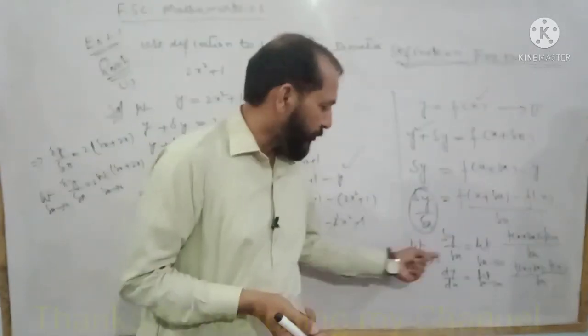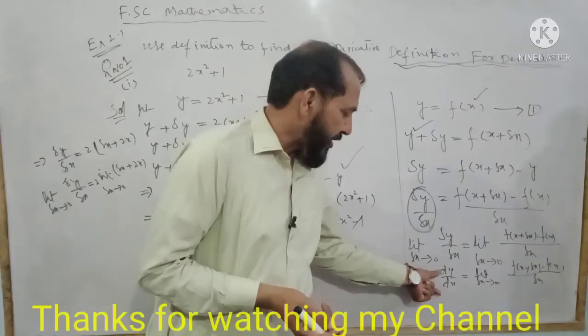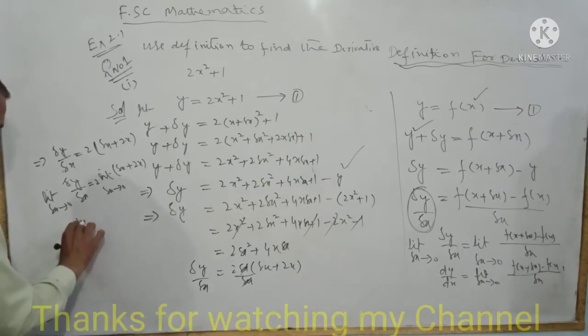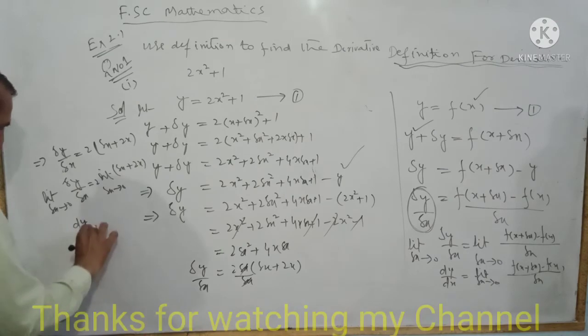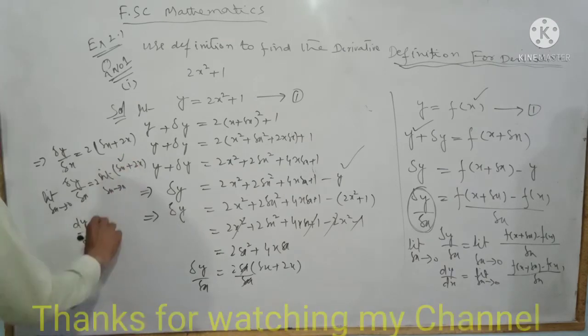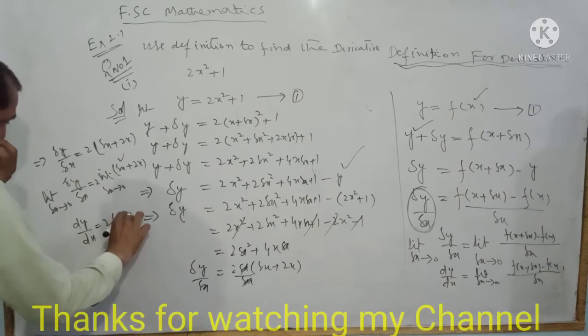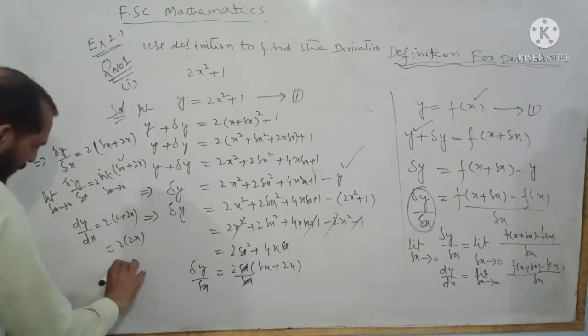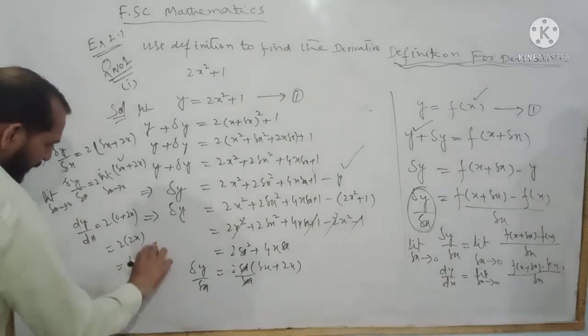When we take the limit, del changes into d, which is called the derivative. Putting the value of del x as 0, we get 2 into 2x, which is equal to 4x.